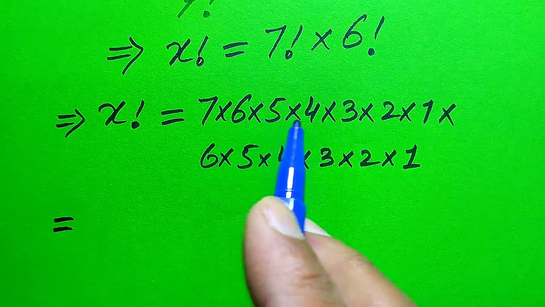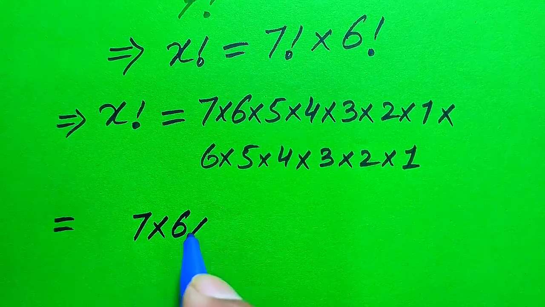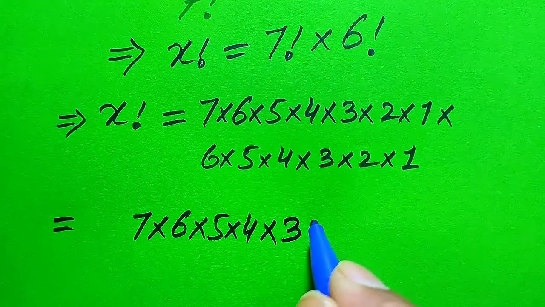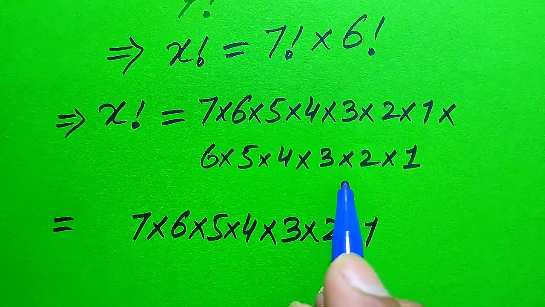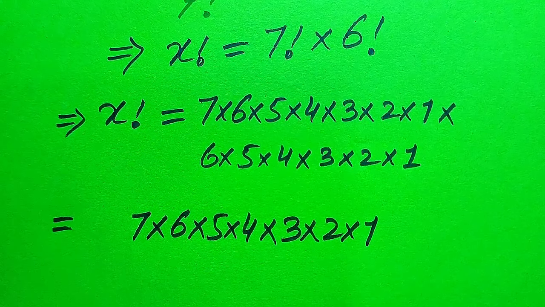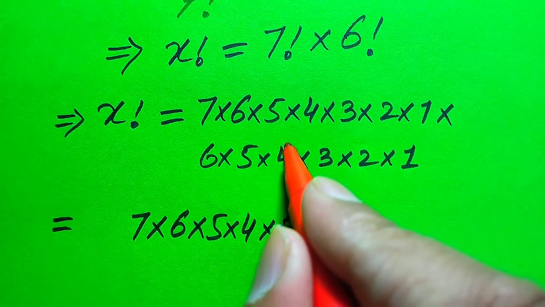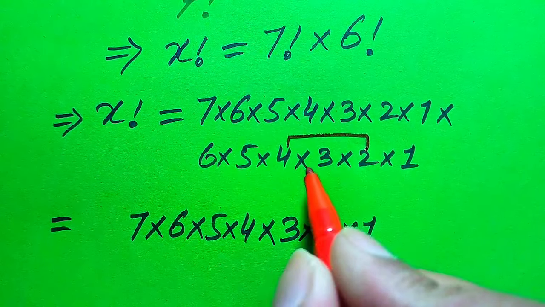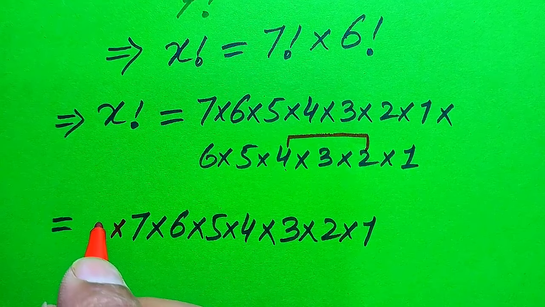Now first we write this value as it is: 7 times 6 times 5 times 4 times 3 times 2 and 1. And here we need to simplify these terms. First, if we multiply 4 by 2, 4 twos are 8. We write this 8 here.